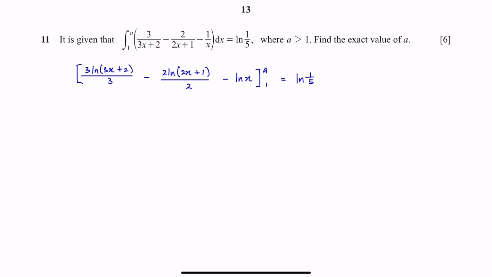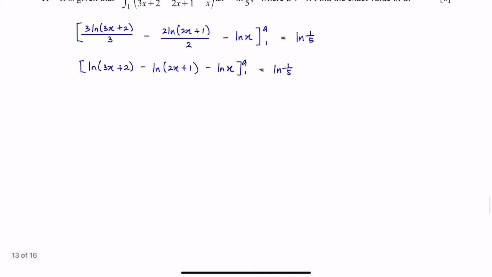So we have ln of 3x plus 2 minus ln of 2x plus 1 minus ln x equals ln 1 over 5.